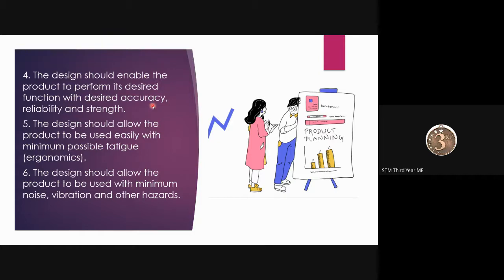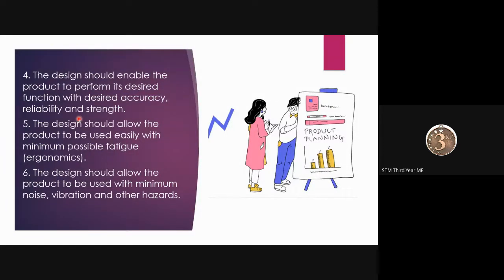That function must be exact. If 100% of that function is stated, then 100% of that function has to be satisfied. So if the function is sitting on the chair, that sitting must be satisfied under all conditions, that is desired accuracy. Then reliability, in terms of the period of time, it must be usable for a longer period.